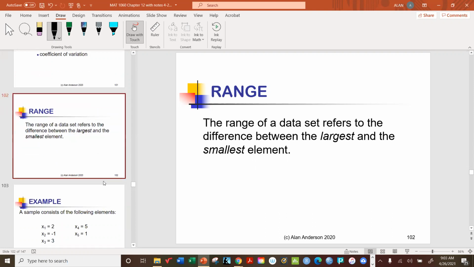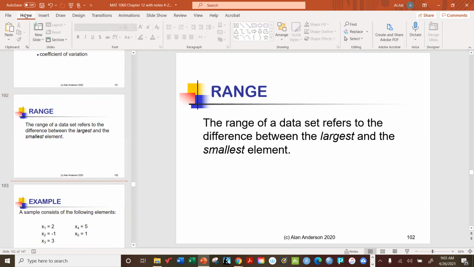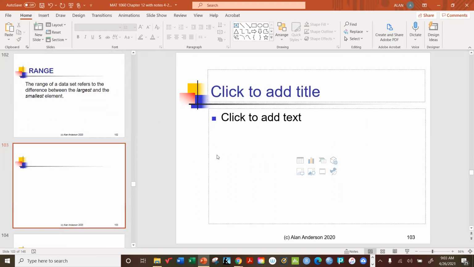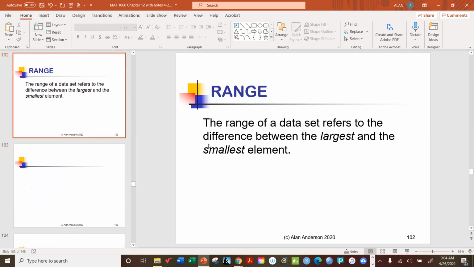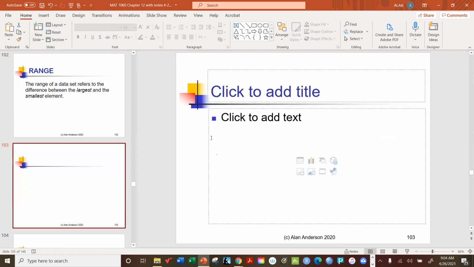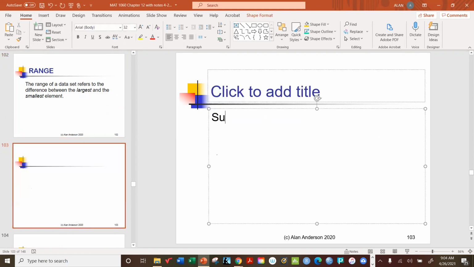Like, for example, let's just do one quick qualitative example. Suppose that we are shopping for, let's say we need a new couch.